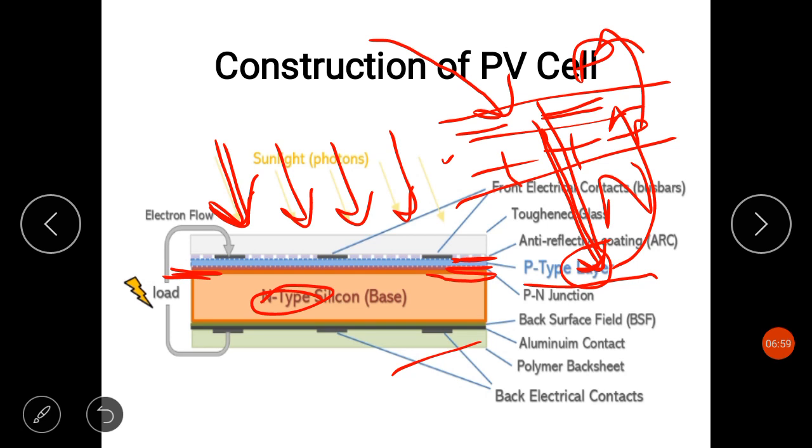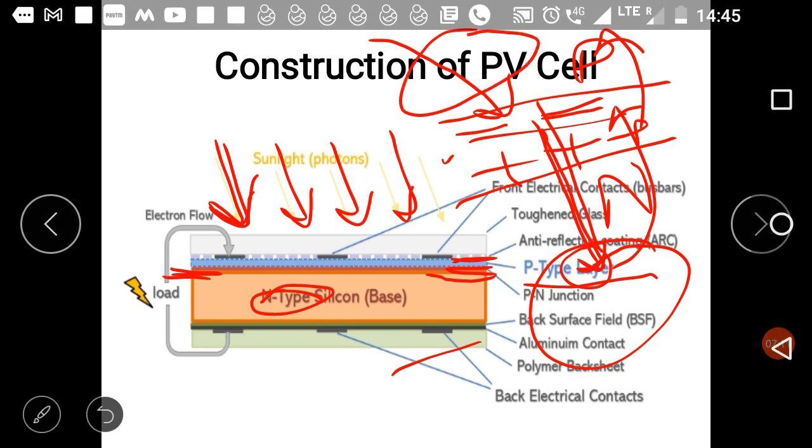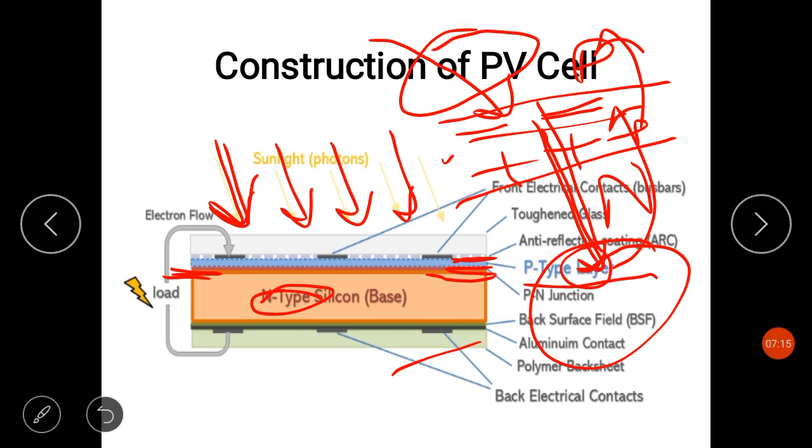So as the concentration of electrons becomes higher on one side, that is the n-type side of the junction, and the concentration of holes becomes higher on the other side, that is the p-type side, the p-n junction will behave like a small battery cell. So a voltage is set up which is known as photovoltage.